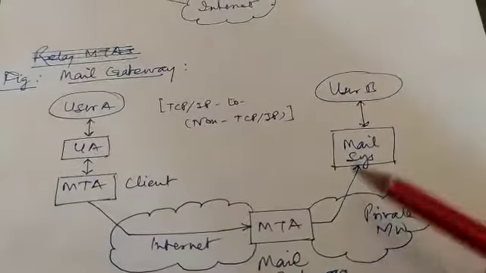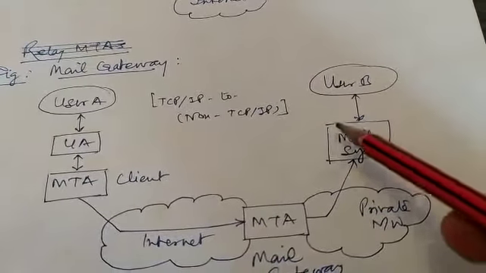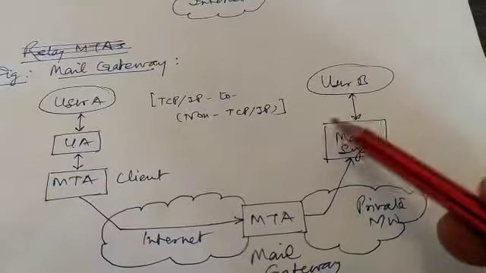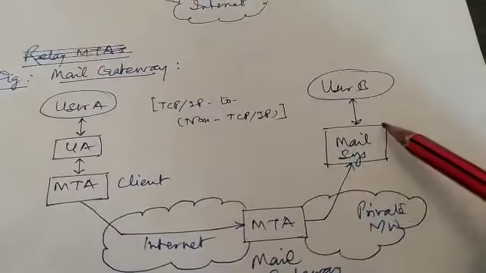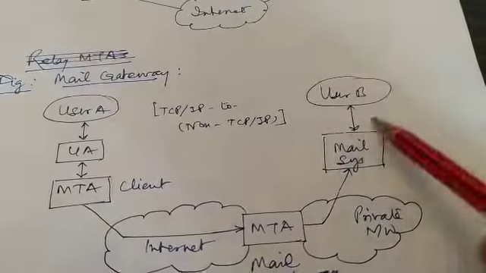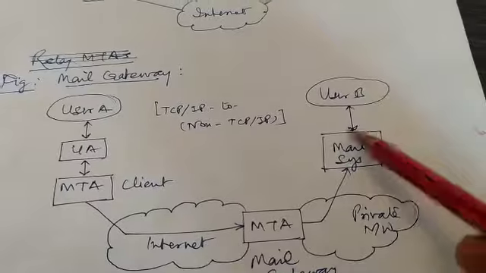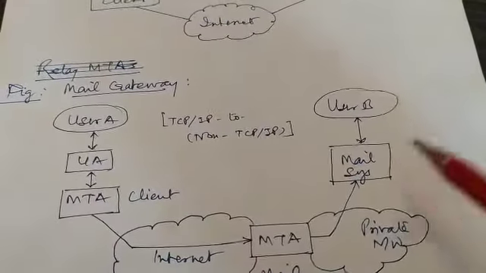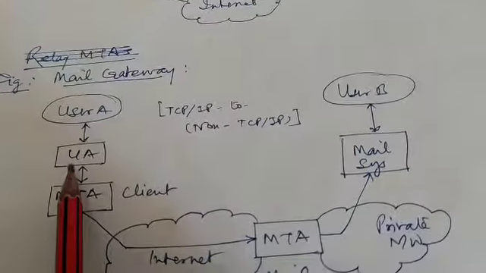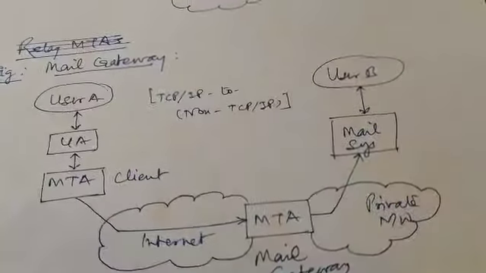And then further it can be seen that for this private network there may be a separate kind of mail system, through which user B in this case will interact, right? This mail system may not have the same architecture as we have seen here in the case of the UA and MTA. It may be something different.